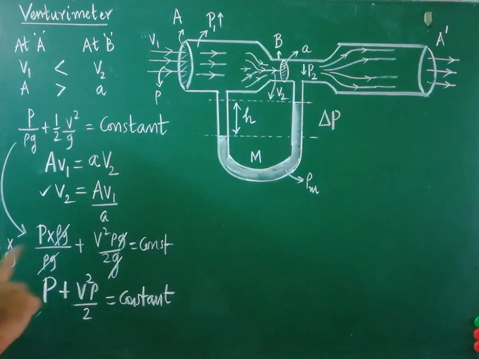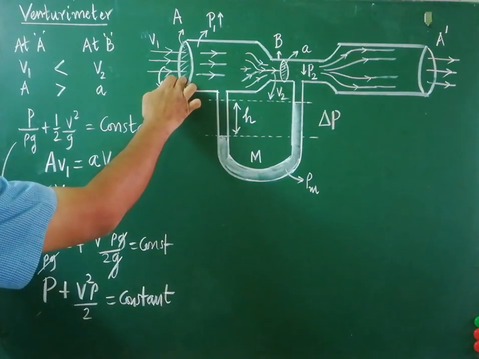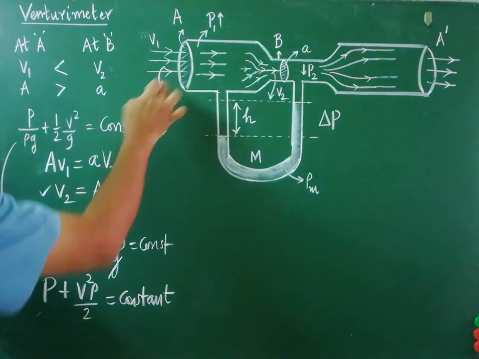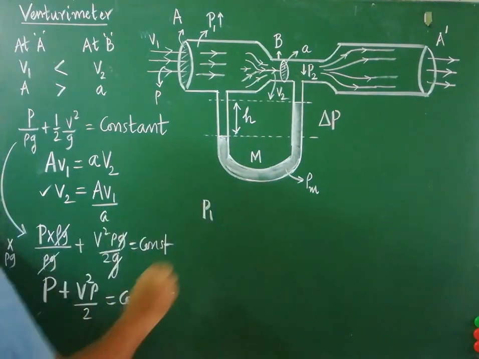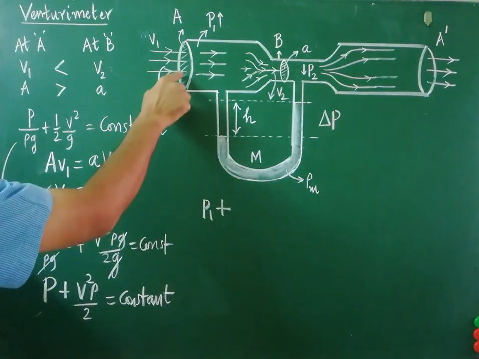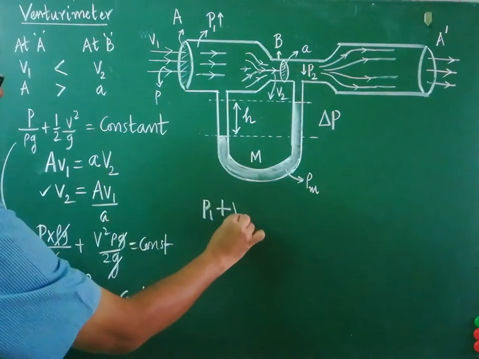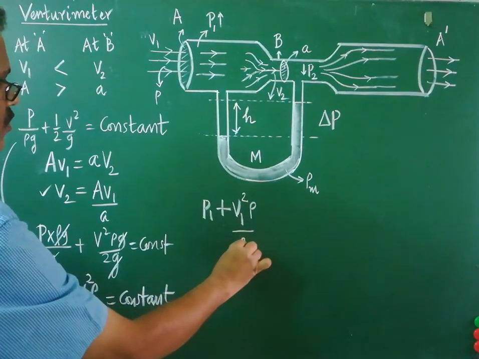Okay, the same thing should be used here and there. I am going to write two equations: one equation for end A and the next equation for end B. How will you write? I will write it here now. What is the pressure here? The pressure at the end A can be taken as P1 plus, what is v? The velocity of the liquid at the end A, V1 square rho divided by 2.